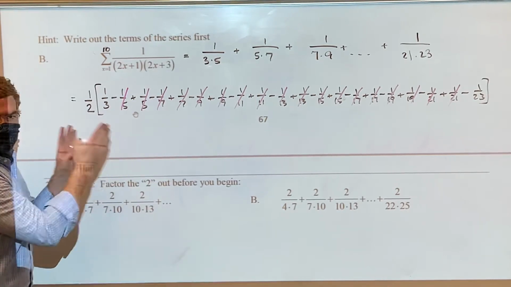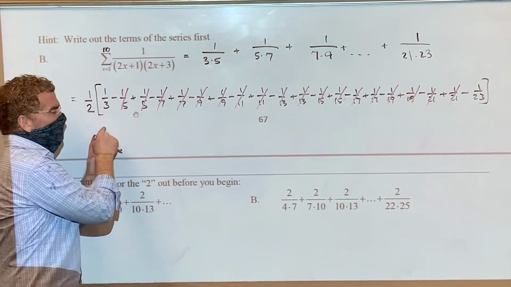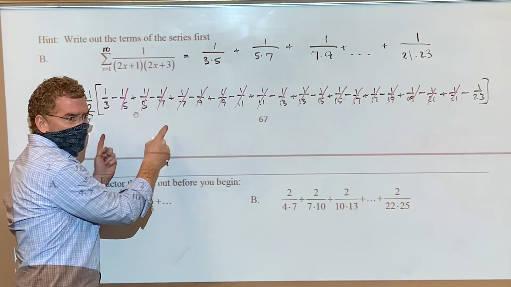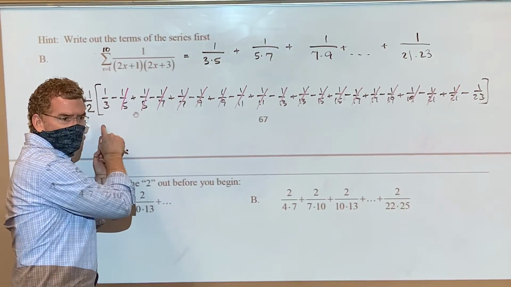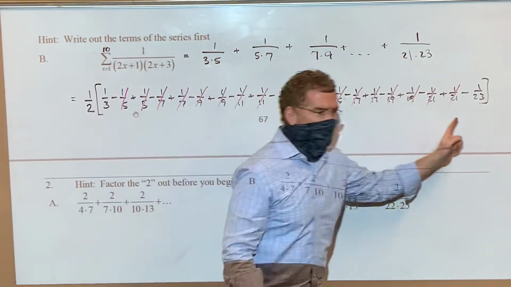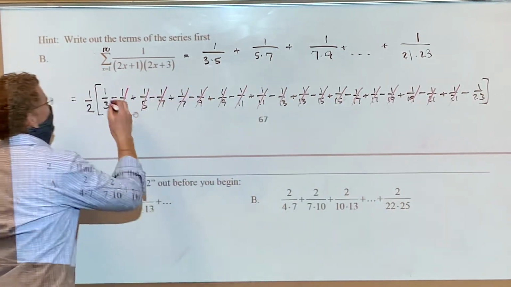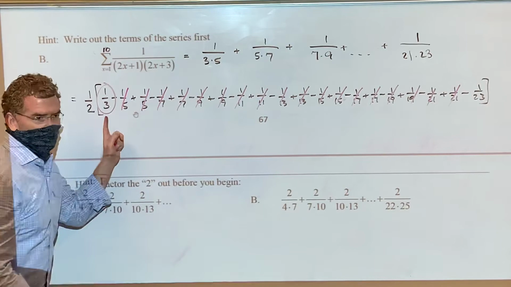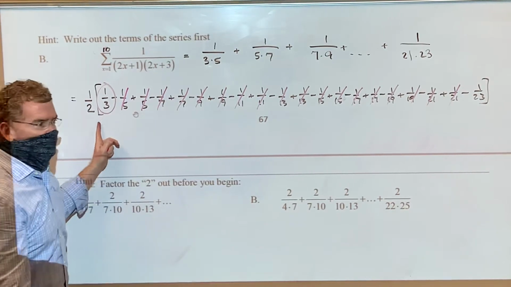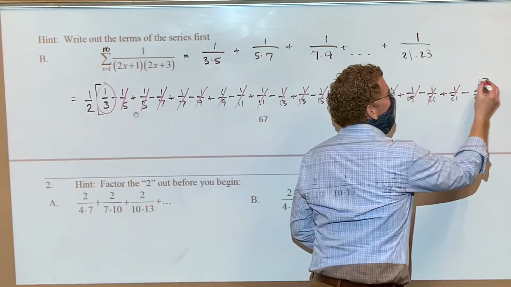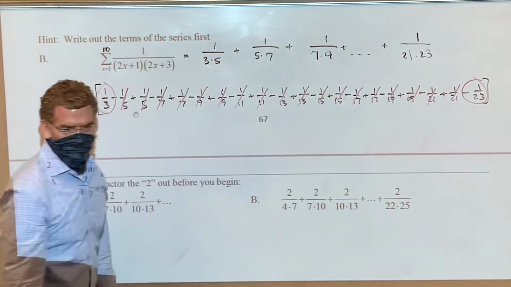On a problem that's finite, if there are 3 things that don't cancel on the front that are positive, there's going to be 3 at the end that don't cancel that are negative. On this one, there was only 1 term in the front that didn't cancel, that's positive. So the very last negative one is not going to cancel.